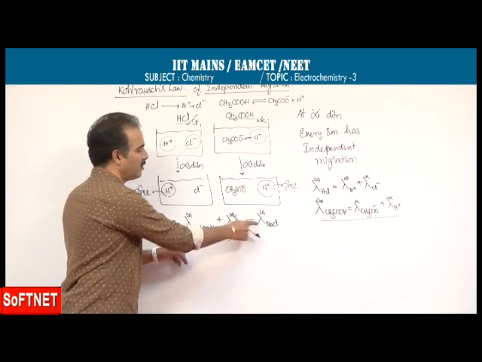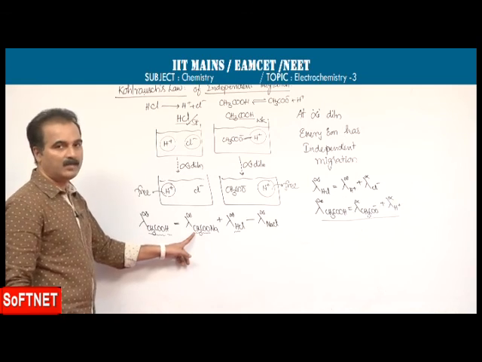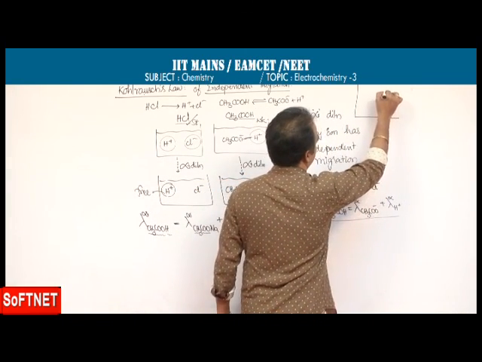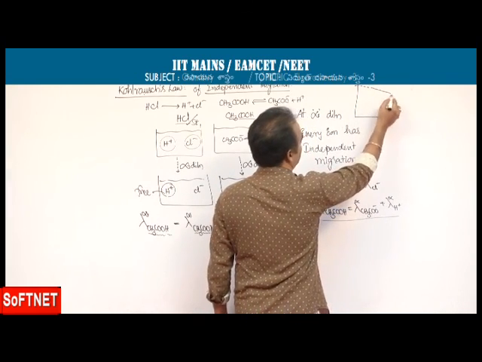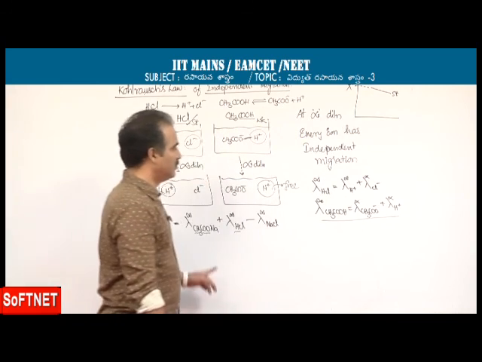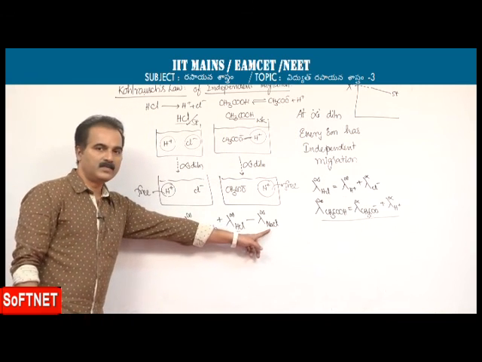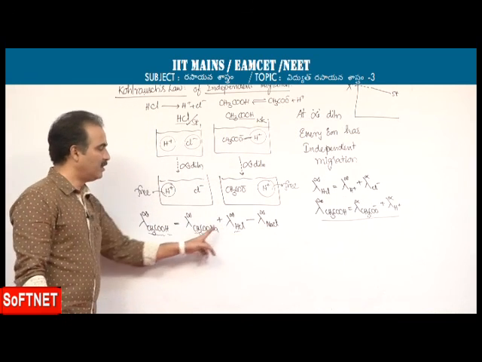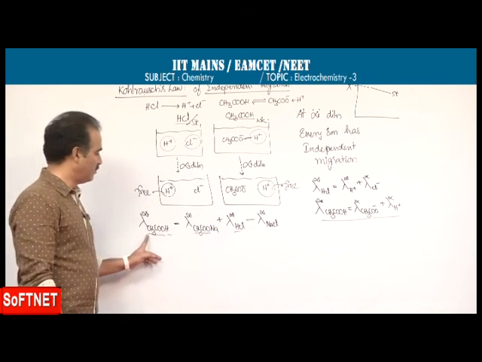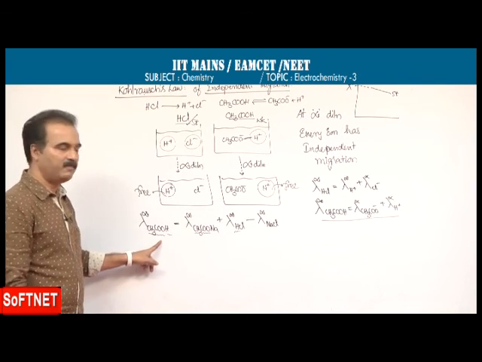For any strong electrolyte we can find lambda infinity by graph, as I said. So, for all these strong electrolytes we can find lambda infinity, and taking the algebraic sum of these two followed by subtraction of NaCl will give you lambda infinity of a weak electrolyte.